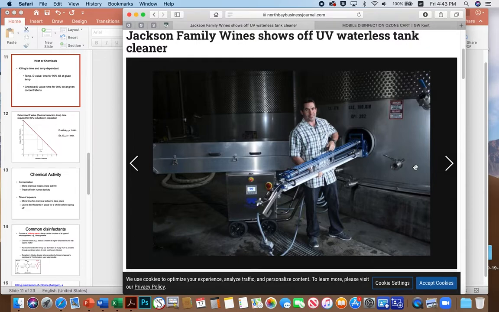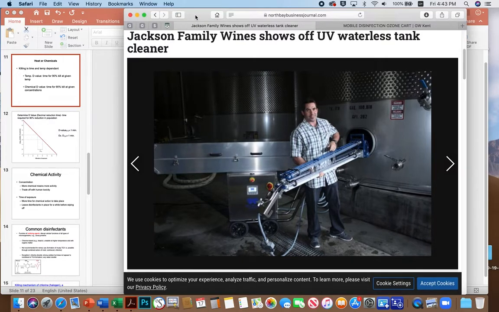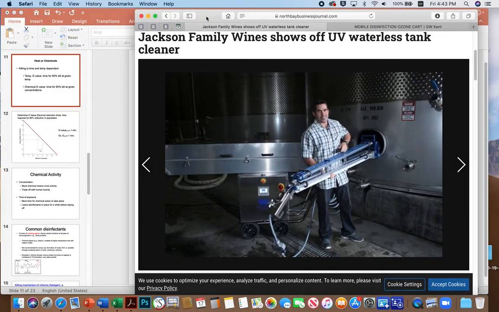Obviously, they still would have to flush out residue from the previous fermentation and things like that, and wash out, but you wouldn't need as much hosing down, because most of the disinfection is coming from these large UV units. If you wanted to look into that further, you can. But UV is great because it's highly damaging to microbial DNA.